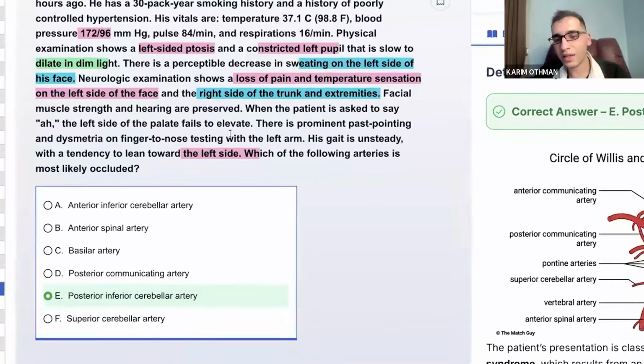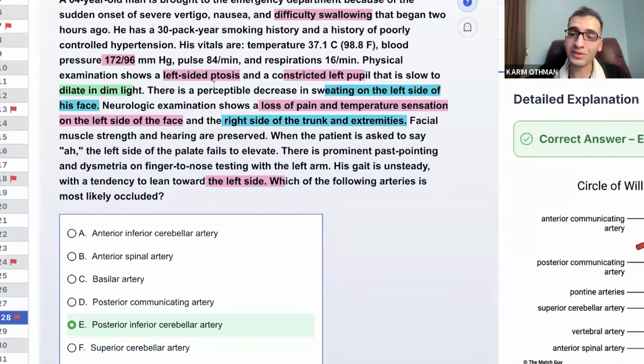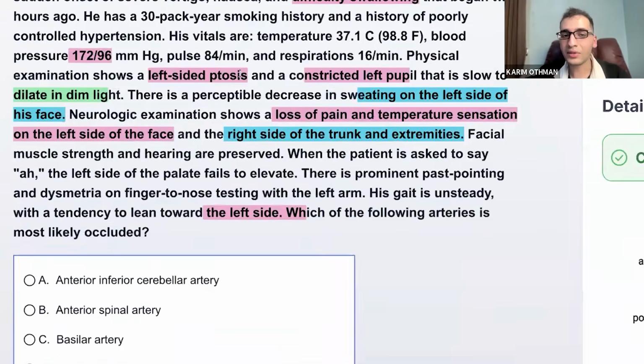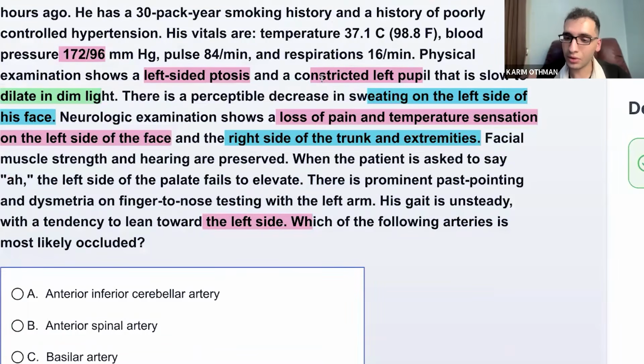The reason I didn't care that much yet about the sympathetic symptoms is that ptosis, miosis, and anhidrosis just tell you it's Horner syndrome and a sympathetic nervous system affection.